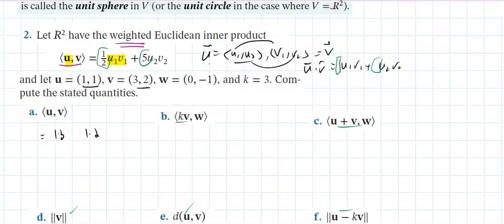But you're going to add those weights, the 1/2 and the 5. All of these are multiplied. I should have used parentheses. That makes life easier.